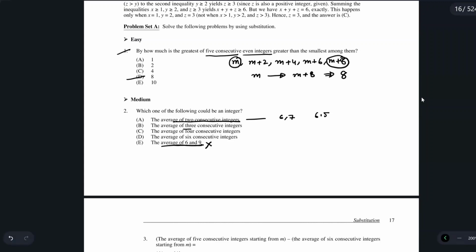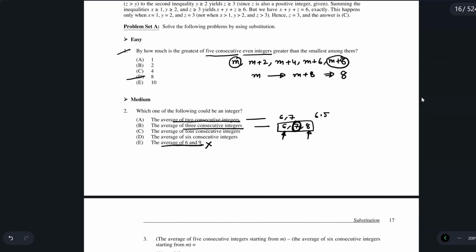Now the third option is the average of three consecutive integers. Let's take another example: 6, 7, and 8. If we take the average of three consecutive integers, the average should always be the central number. So the average of 6, 7, 8 is 7, because the first number is one less than the central number and the next number is one above the middle number.